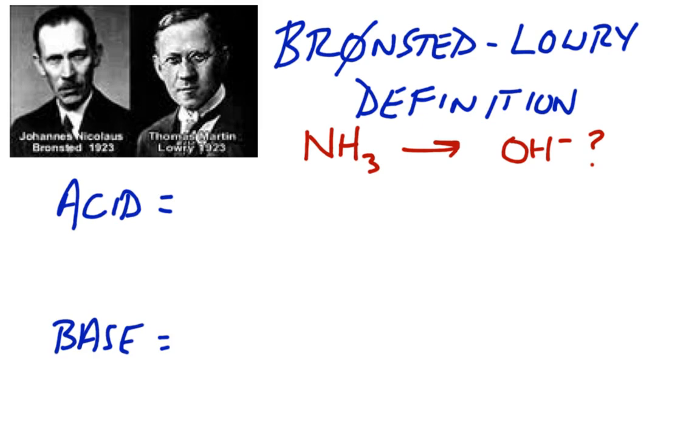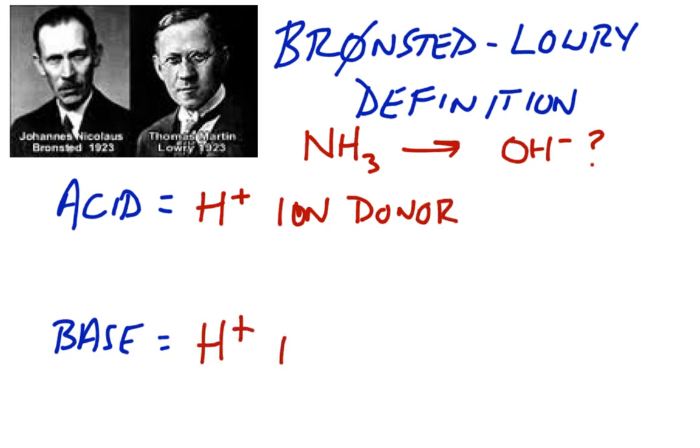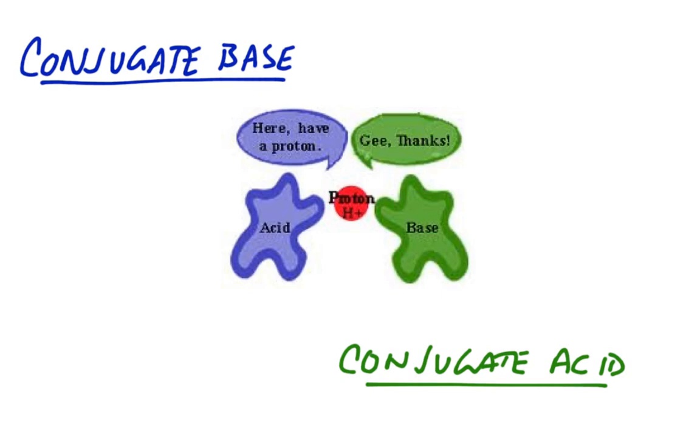So they redefined an acid as an H plus ion donor and a base as an H plus ion recipient. So instead of having to look for two different ions, Bronsted and Lowry only focused on the hydrogen ion.